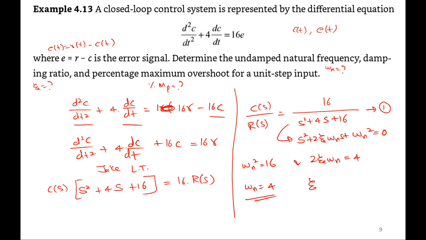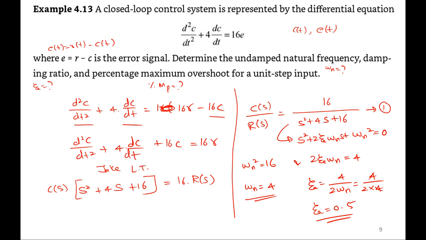Now find the value of z. z is equal to 4 by 2 times omega n. 2 times omega n is 8, so z is 4 by 8, which is 0.5. So z equal to 0.5. Right? Let me verify the answer here. The value of z turns out to be 0.5, it is correct, and the value of omega n is 4, it's correct, right? Okay, but here still it's not over.